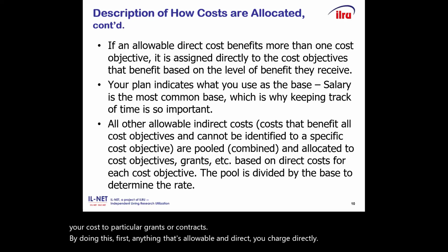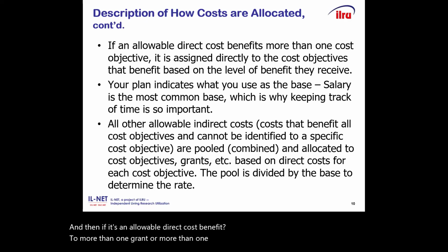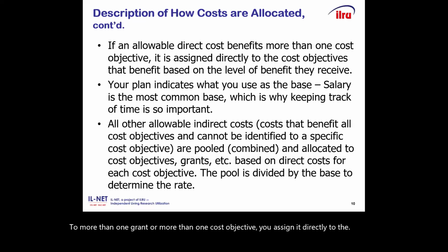And then if it's an allowable direct cost benefiting more than one grant or more than one cost objective, you assign it directly to the grants that benefit based on the level of benefit that they receive.